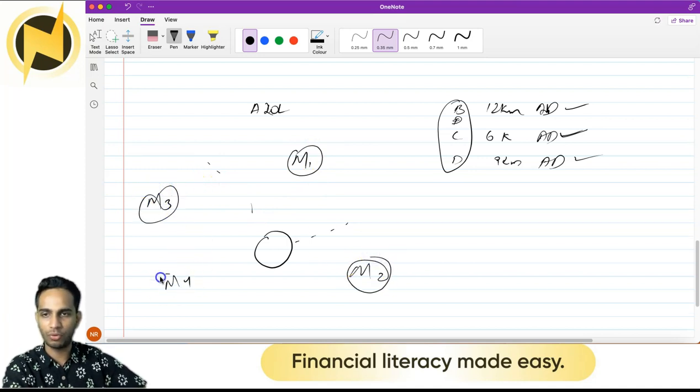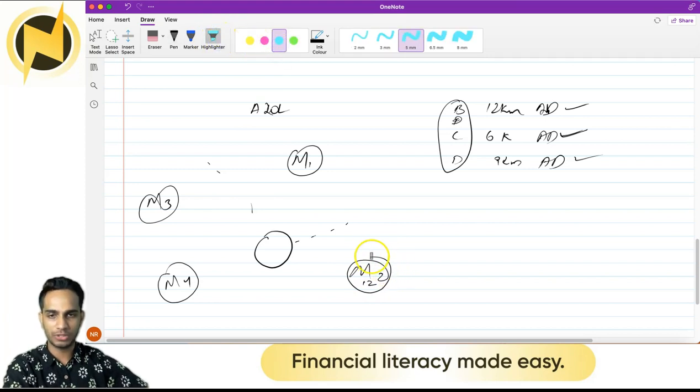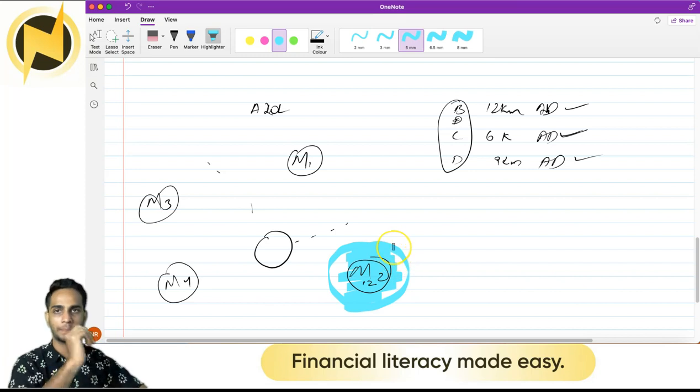municipality 4. Say municipality 2 has a population of, say, 12,000. That means up to a distance of 2 kilometers from the municipality will be urban, correct?